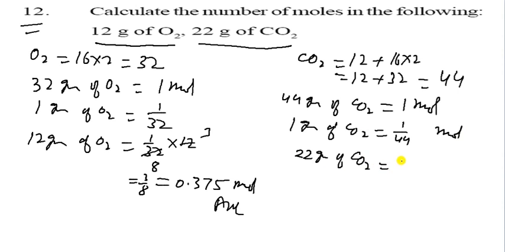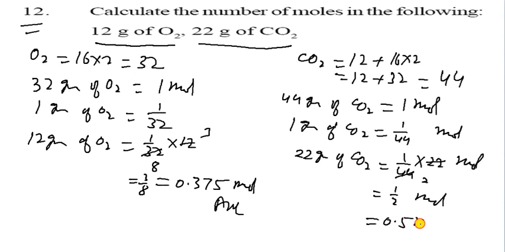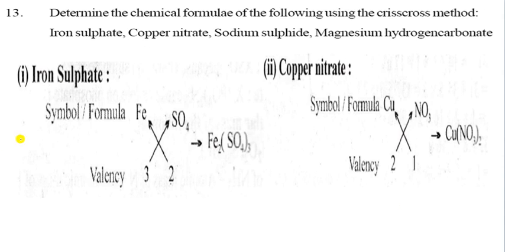So 22 gram of CO2 is equal to 1 upon 44 into 22 mole. So 1 upon 2 mole. So you can write 0.5 mole. So that will be your answer.